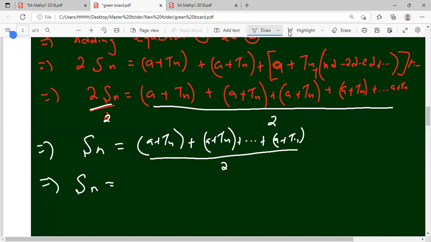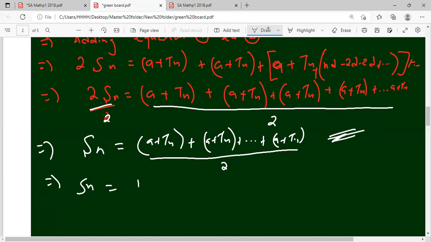Before we proceed, let us emphasize something here. Our Sn will be equal to, we don't know how many of these there are, you can have as many as they are, so you multiply by a certain number.